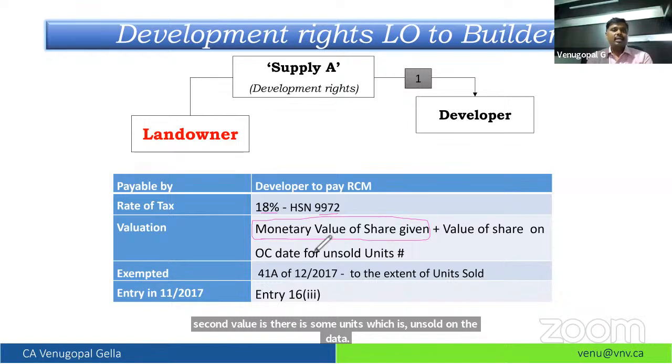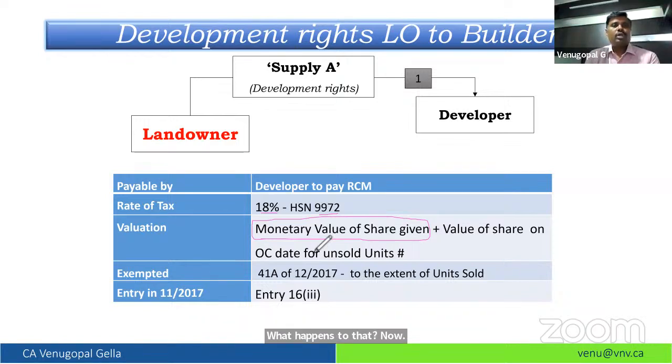Now, generally, landowners would continue this joint venture. I will say joint venture because the landowner wants to be part of it. So this is a general practice. For the unsold units, there will not be any allocation of the unsold units. Generally, that doesn't happen.